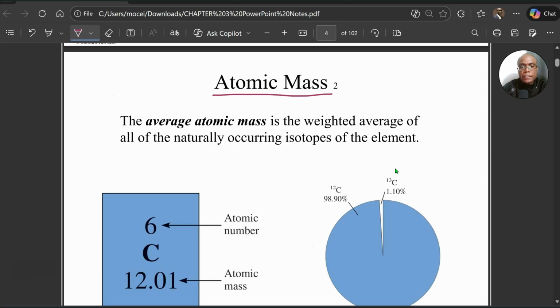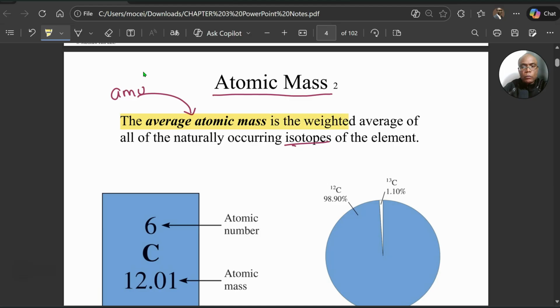Continuing to discuss atomic mass. So like I said, the AMU, otherwise called atomic mass unit, is really an average of masses of the different forms of a given element, what we call isotopes. The average atomic mass is a weighted average of all the naturally occurring isotopes of an element. So what is an isotope of an element?